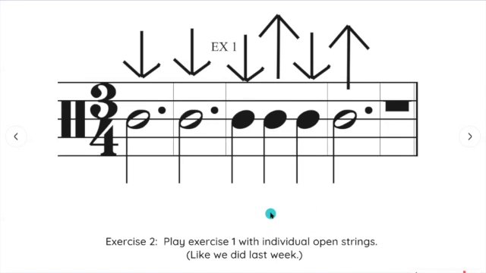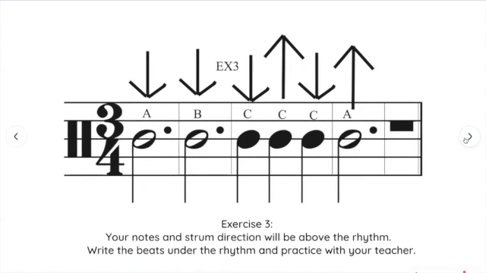We want to go through each individual string and play that with your pick. All right, so example 3. Now we're going to play with our notes. These are notes on the first 2 strings.